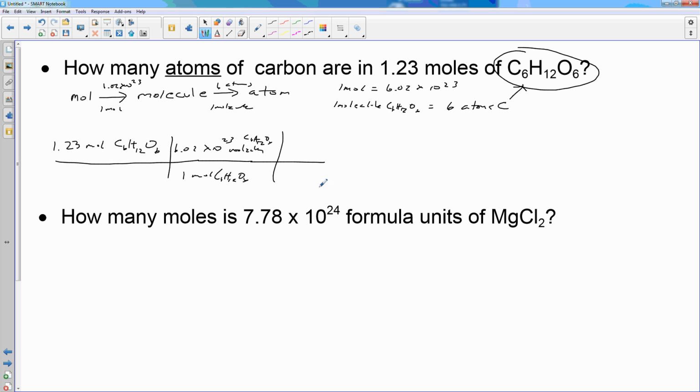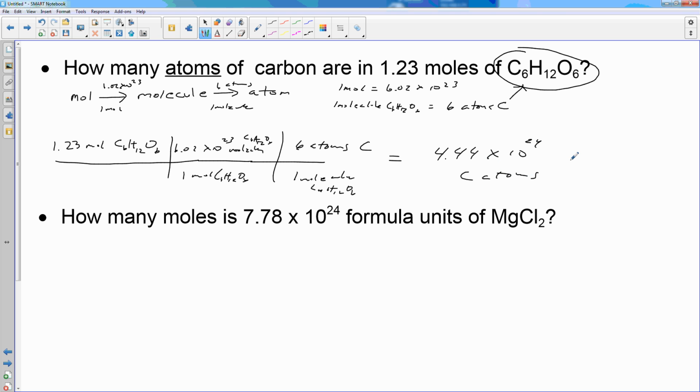And then we also know that 1 molecule of C6H12O6 is equal to 6 atoms of carbon. And so what we should get there is some answer close to this, 4.44 times 10 to the 24th. And this is of carbon atoms.